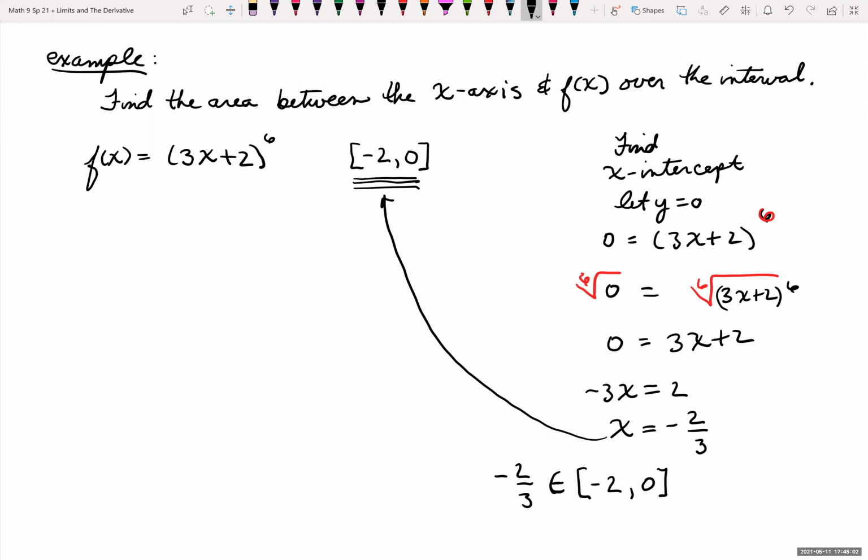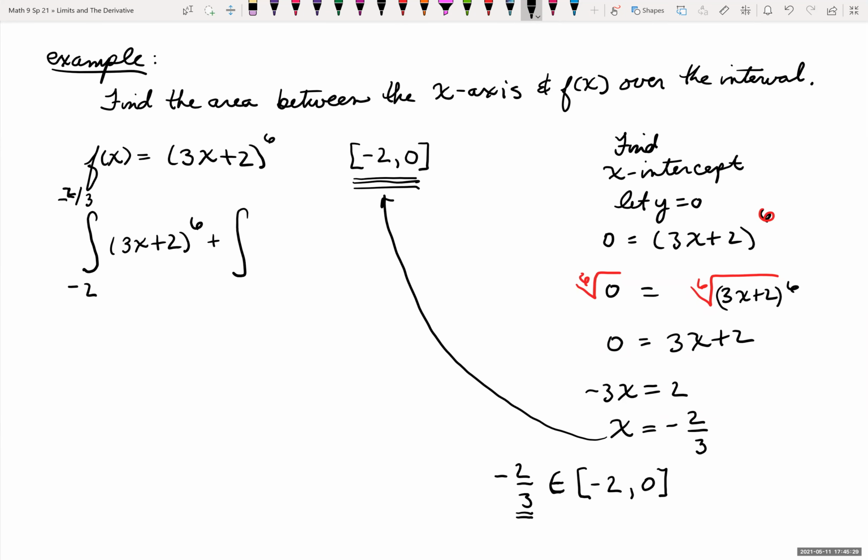So we want to split this up into two separate integrals and sum those integrals. So we want to look at it from the smallest bound, -2, to where it's crossing the x-axis, -2/3, of f of x, which is 3x plus 2 raised to the 6th power.